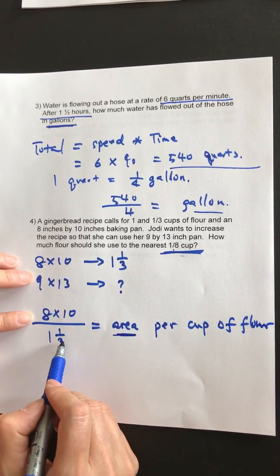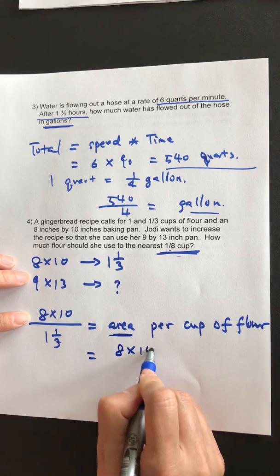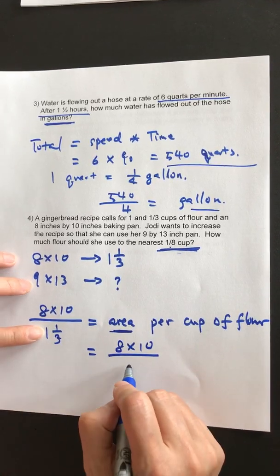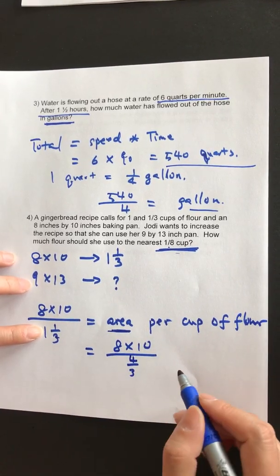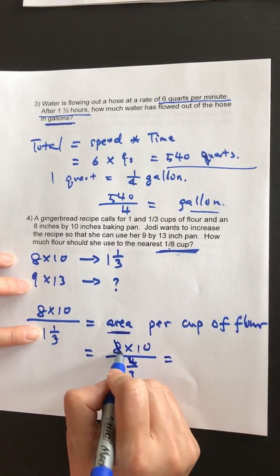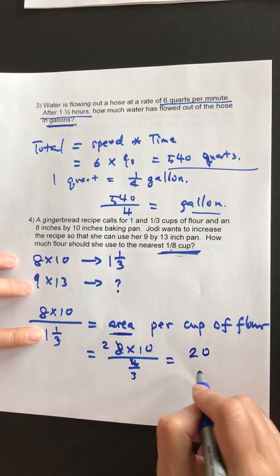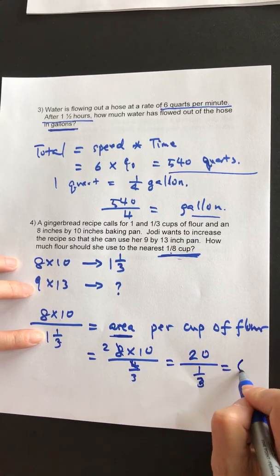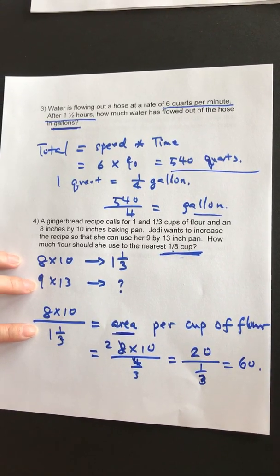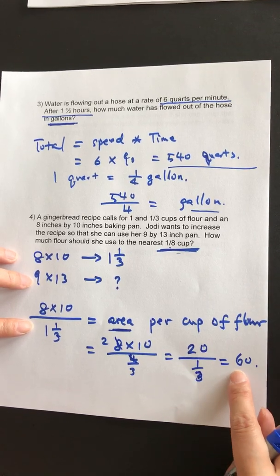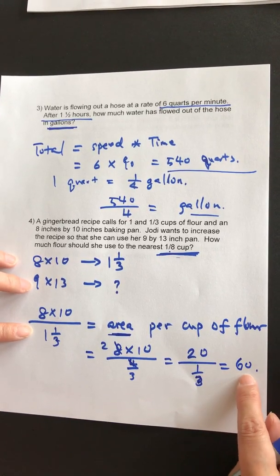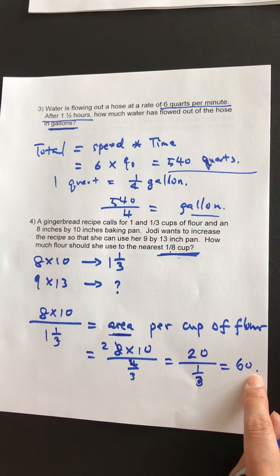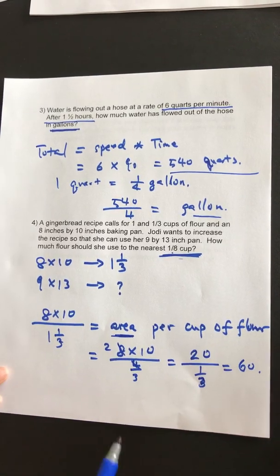So this divided by this: 8 multiplied by 10, and 1 1/3 is 4/3, and then we can cancel, so 20 divided by 1/3, which is 60. So for 1 cup of flour, it would cover an area of 60 square inches of a baking pan.